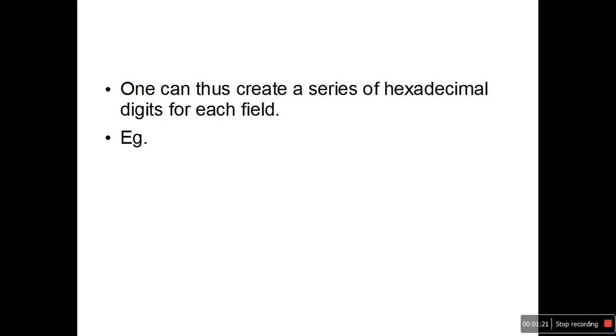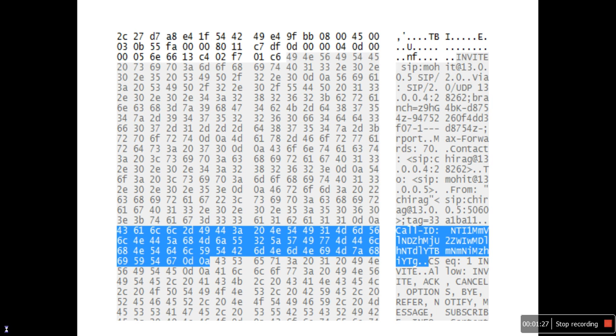To give you an example, if you use Wireshark or have seen Wireshark streams of packets, you will see that the packet contents look like this. On the left you see hexadecimal digits, and on the right you see the equivalent ASCII format. You can see that there's an invite packet being sent via the session initiation protocol from Mohit to Chirag.